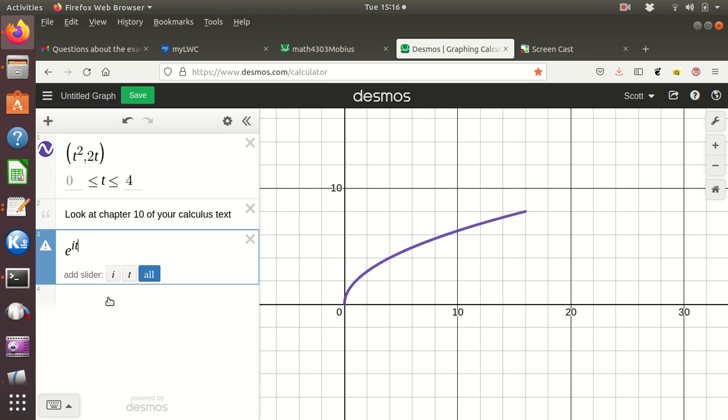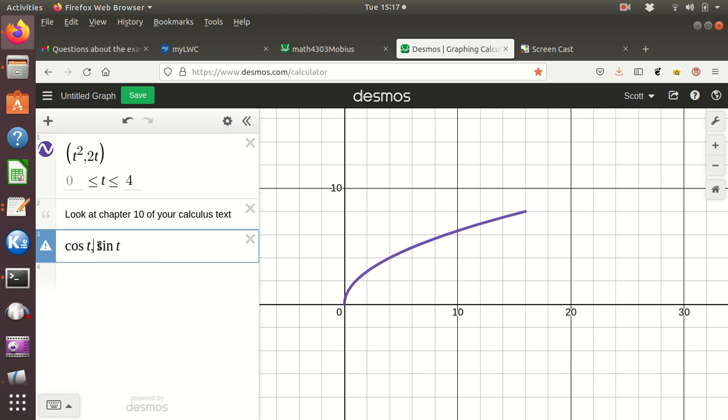However, remember that this is just e to the it is cosine t plus i sine t. Okay, well, see, it's still totally confused if I write it that way. But remember, this is the x, or the real part, and the sine t is the y, or the imaginary part.